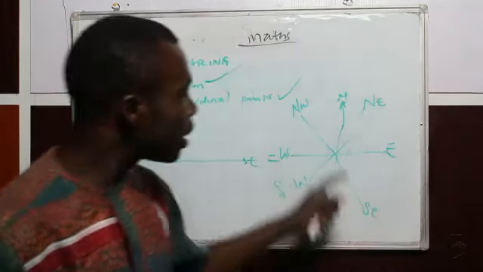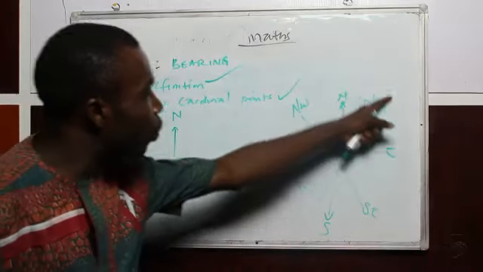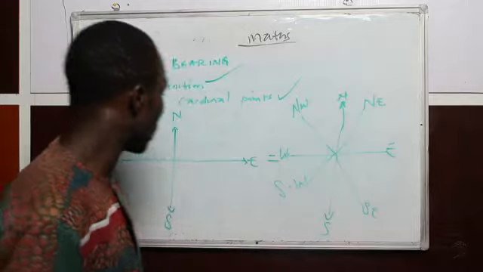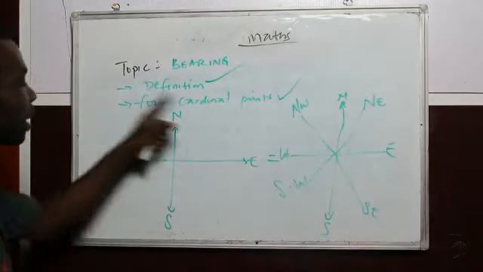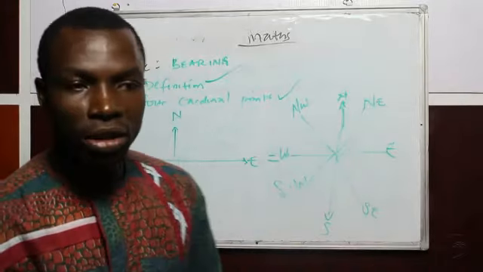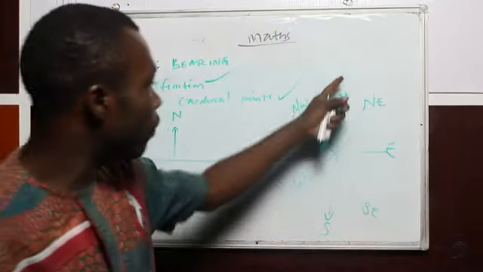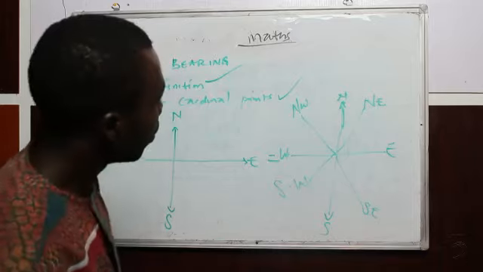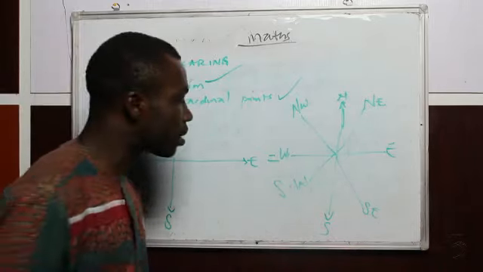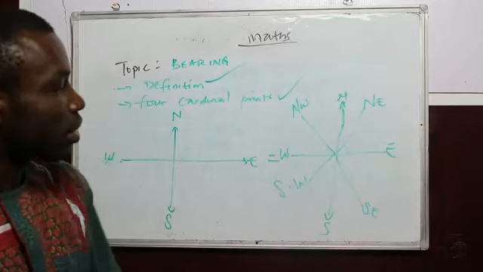Therefore, all these are called geopolitical zones, but these are called the 4 cardinal points. Nigeria is divided into 6 geopolitical zones: north, northwest, southwest, northeast, southeast, south-south.